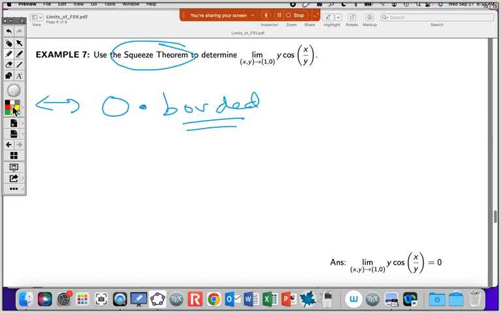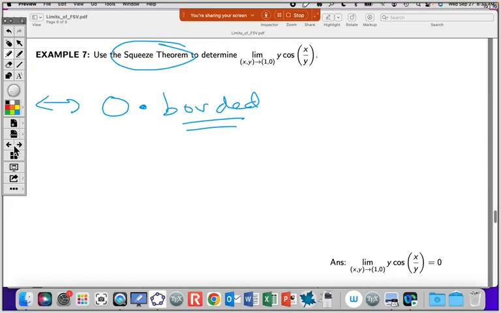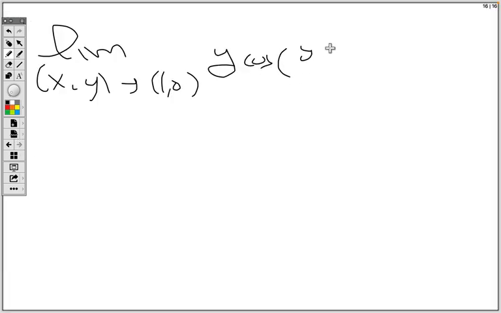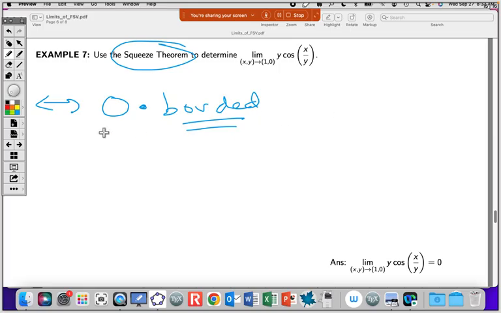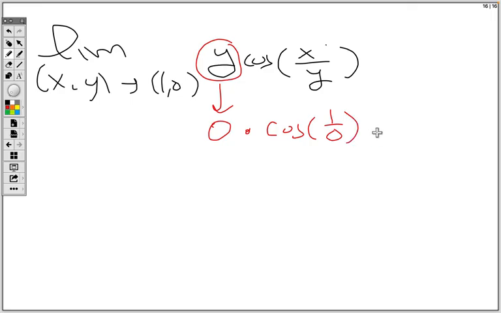All right. So for example, if we look at what's happening in this limit, we've got the limit as x, y approaches 1, 0 of y cosine of x over y, like so. So as x, y goes to 1, 0, you've got this factor, y, going to 0. And this factor is going to the cosine of 1 over 0.